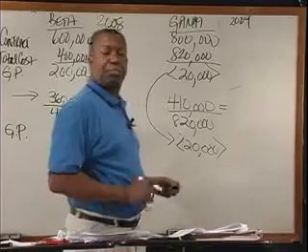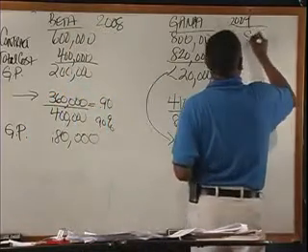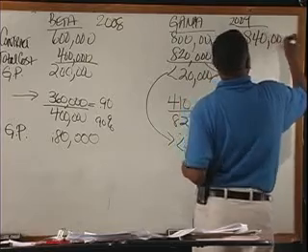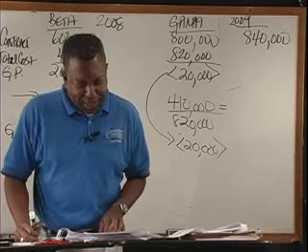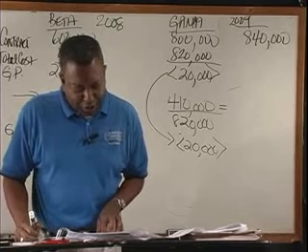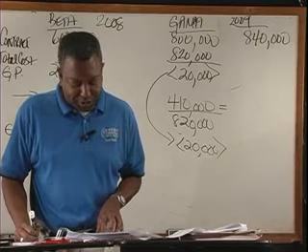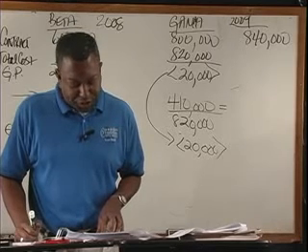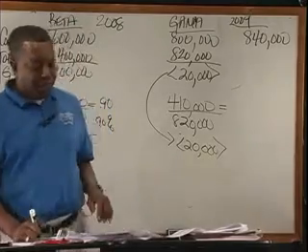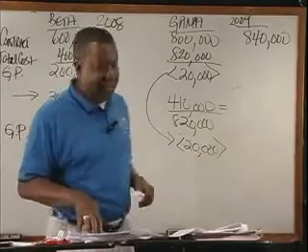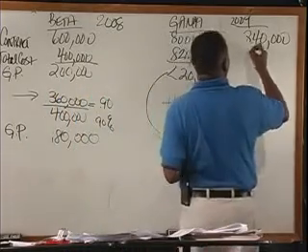Now, the contract price, instead of being $800,000, is $840,000. Now, it says that the costs incurred to date, $720,000. Estimated cost to complete, $180,000 more. So the total estimated cost to complete are going to be $900,000.